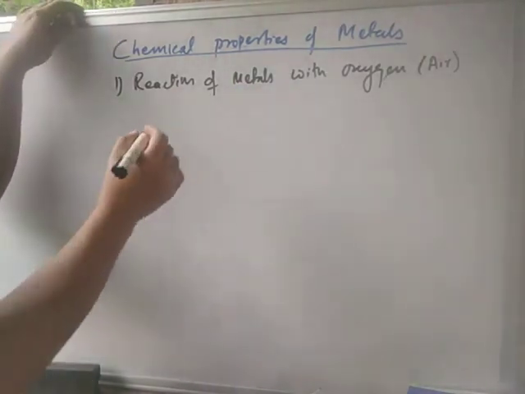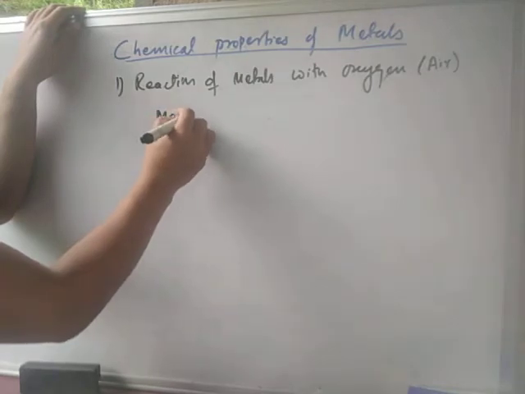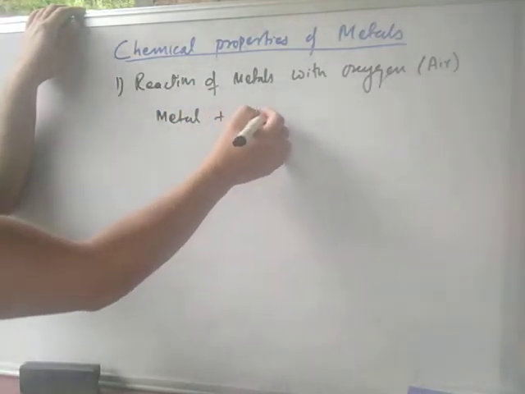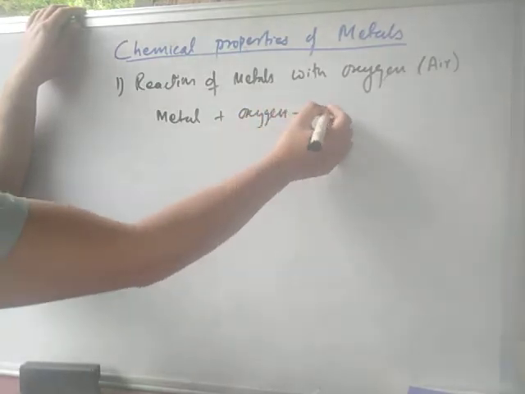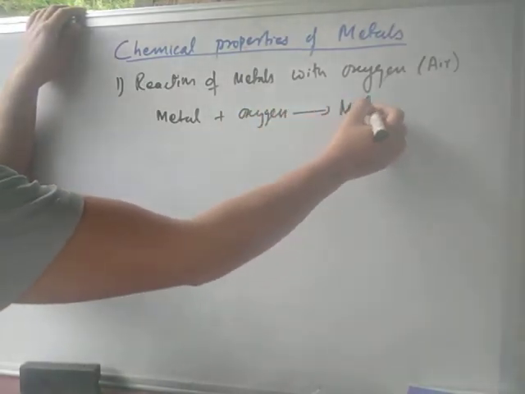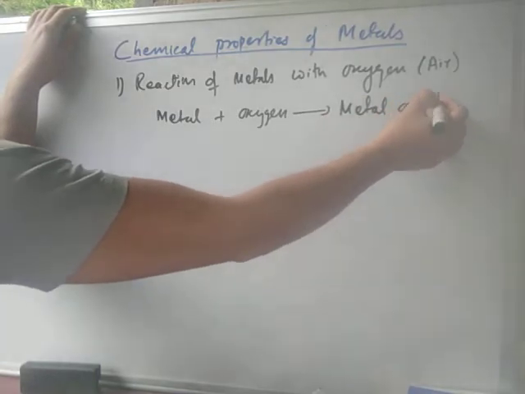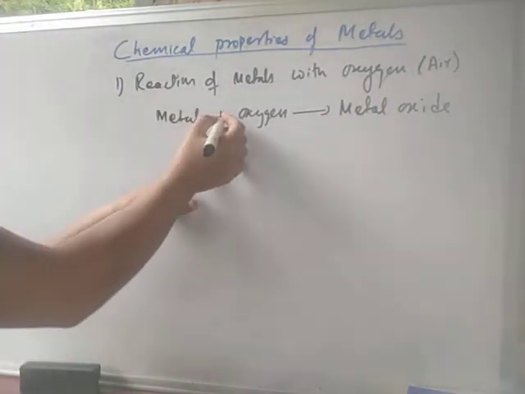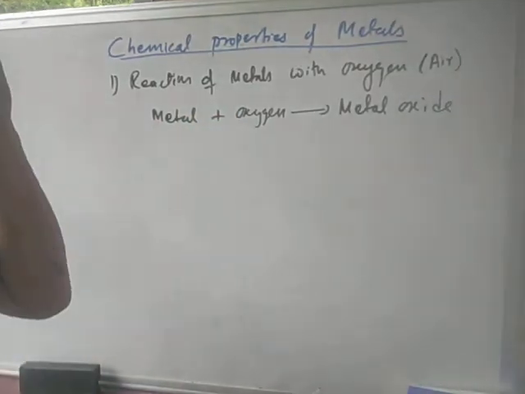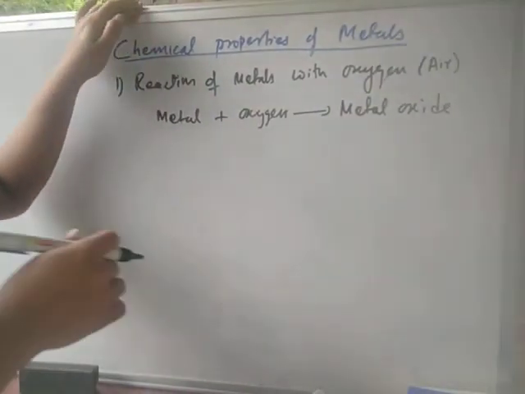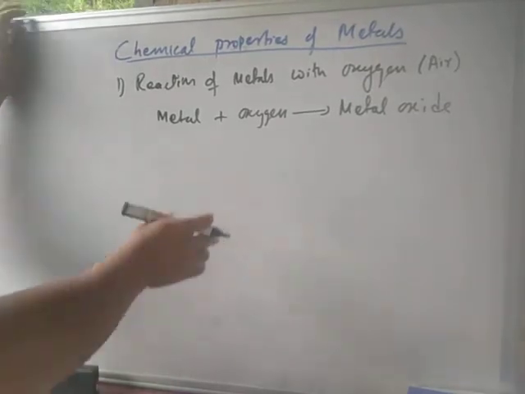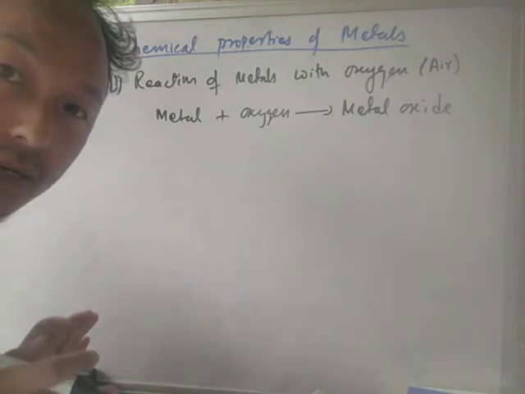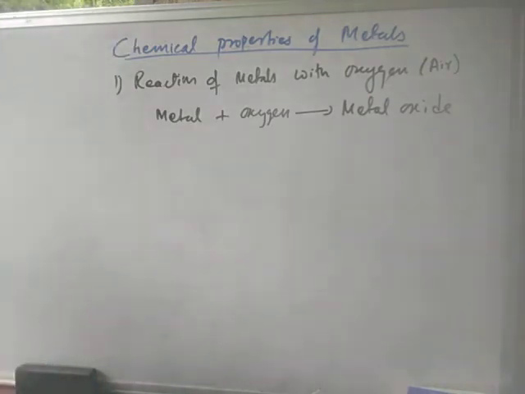Write down: metals react with oxygen to give metal oxide. Remember this: whenever a metal reacts with oxygen, it will always give metal oxide. Clear?